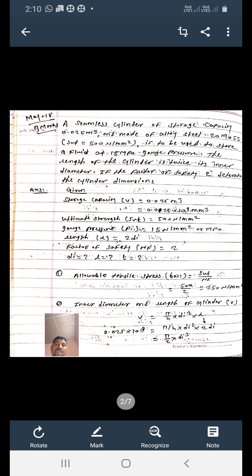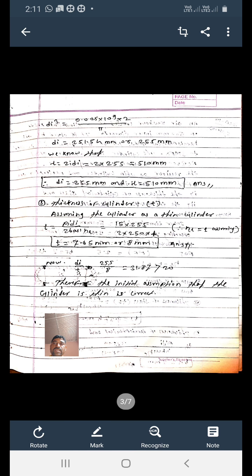0.025 into 10 raised to 9 is equal to pi by 4 into di square into L is equal to, we know the relation, L is equal to 2 di. If you are solving this, then you will get pi by 2 into di cube. Then next see, we will solve di cube is equal to 0.025 into 10 raised to 9 into 2 divided by pi.